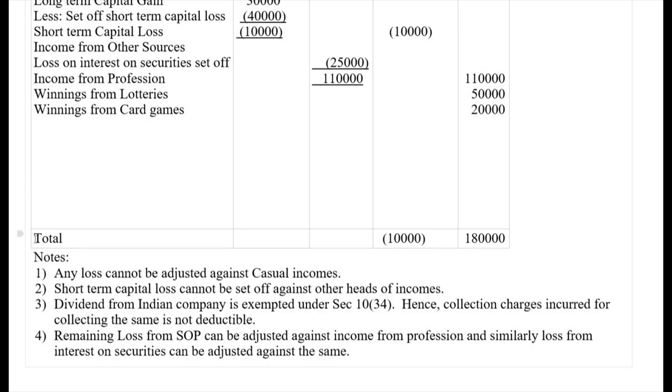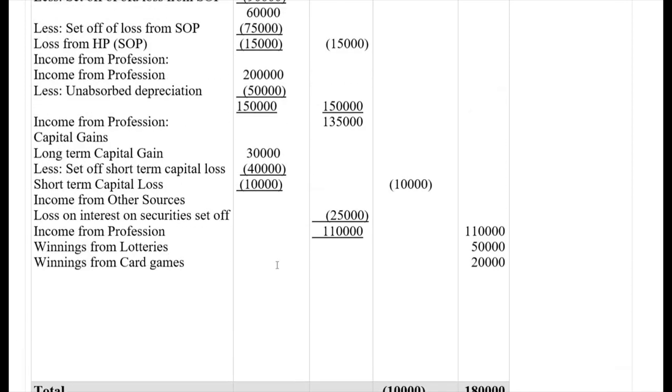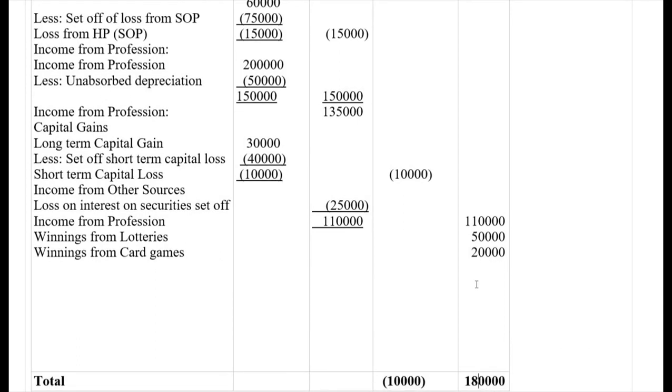So let me make these things bold here. This is income from profession. Let me make this bold.